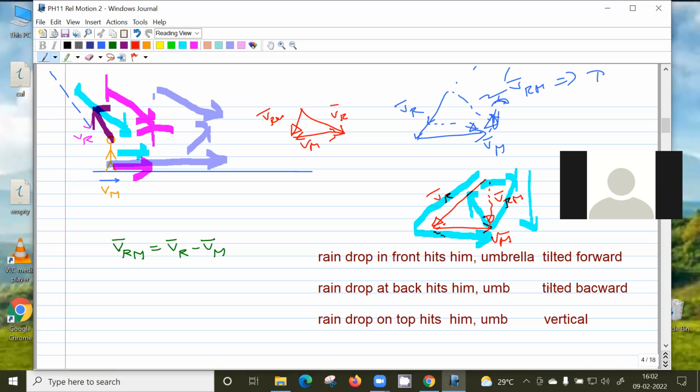Right, I think what you said was right. This is wrong, no? This triangle is wrong. This triangle is possible in this case where we are. See, this is actually VR plus VM.